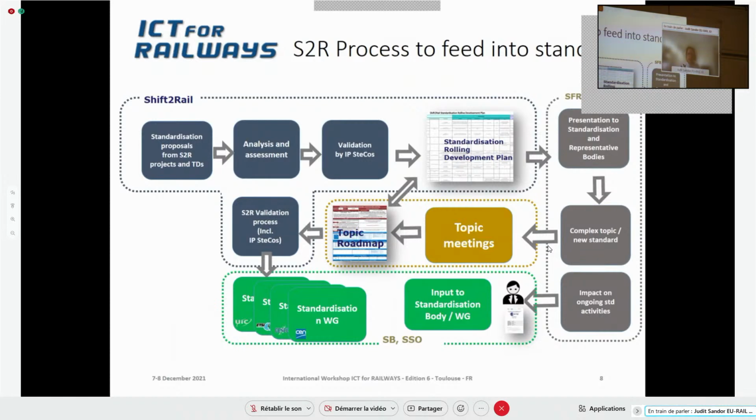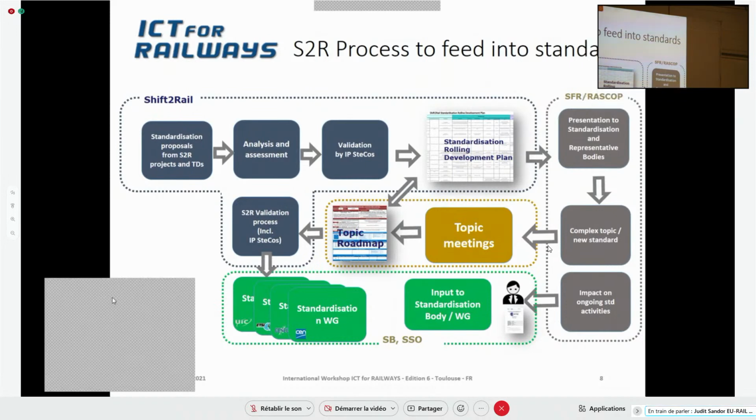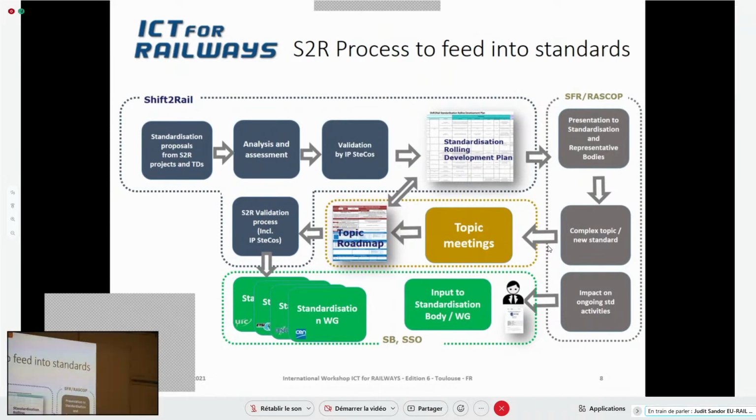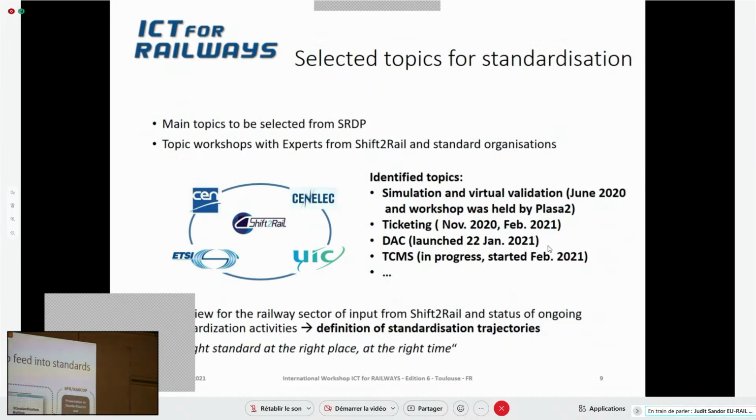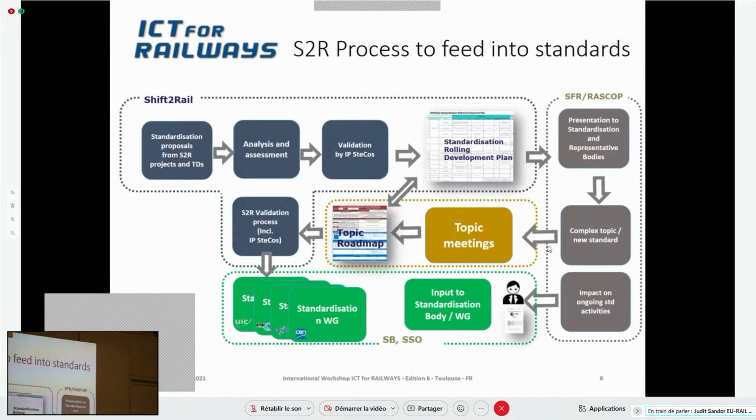What I would like to mainly highlight, on the right side of this slide, is the communication and coordination work with the different standardization and regulatory platforms, so that they are aware of what is coming out of Shift2Rail.